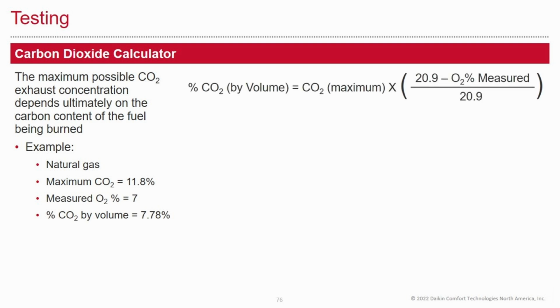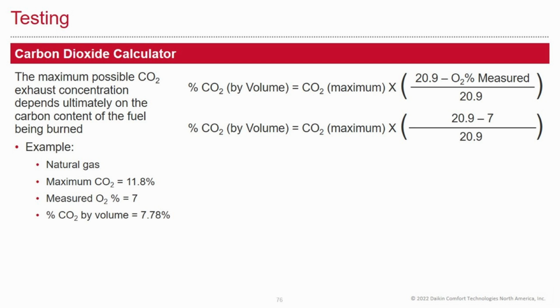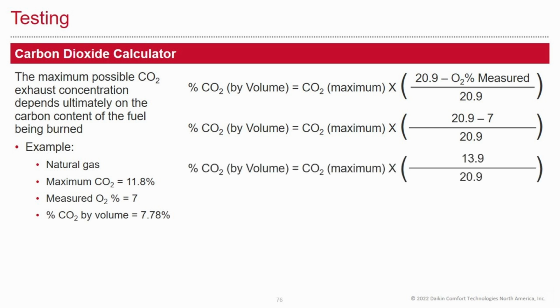The percentage of CO2 by volume equals the CO2 maximum times 20.9 minus the measured O2 percentage over 20.9. That would be 20.9 minus the measured O2, which is 7, over 20.9. That would be 13.9 divided by 20.9.